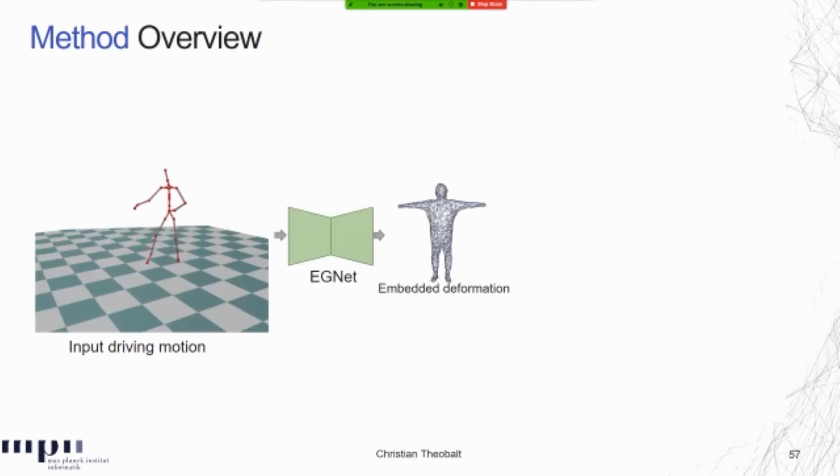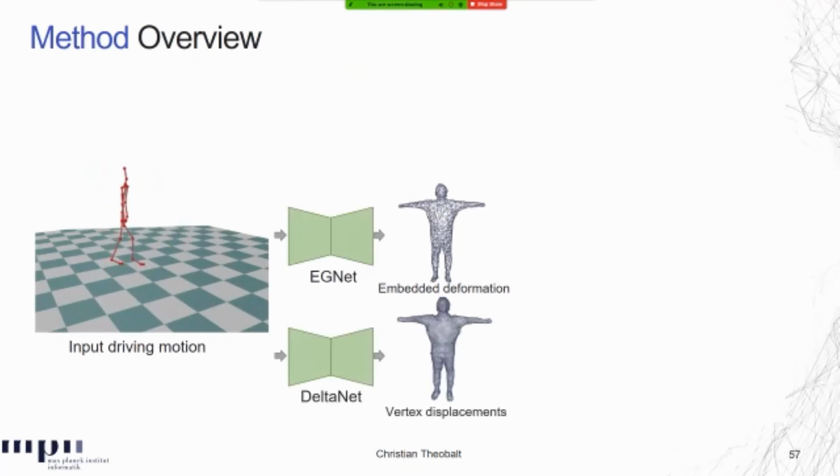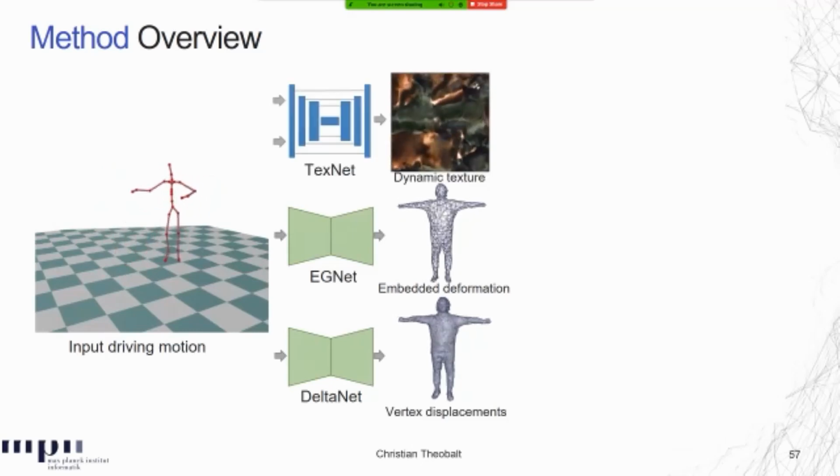Now let's check how we use this body model in our method. Our method uses deep neural networks to predict the motion-dependent surface deformations of a 3D template in the form of embedded deformation parameters, dense vertex displacements, as well as motion and view-dependent texture.